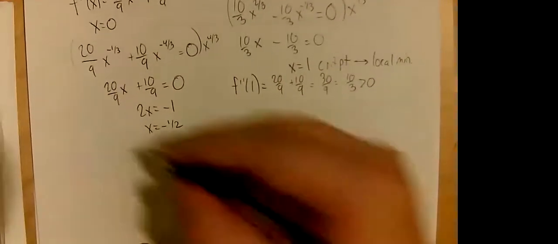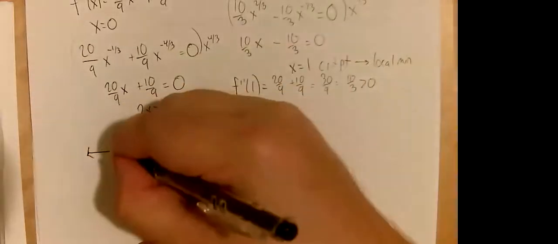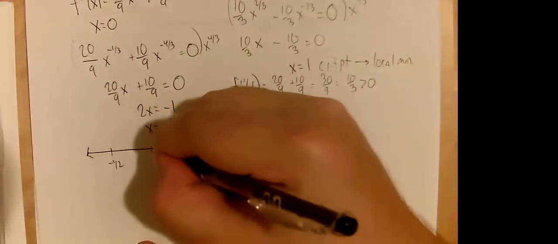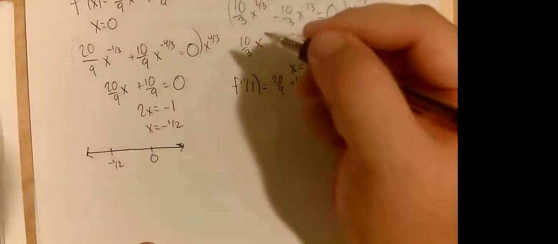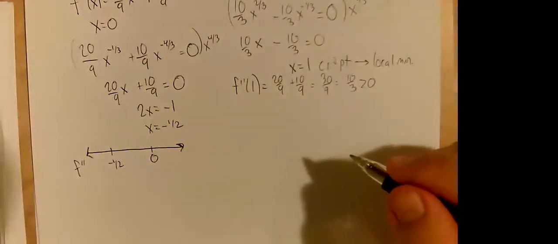All right, so let's go ahead and make our number line here with both of our at least potential inflection points. So -1/2 and 0, and we have f double prime.